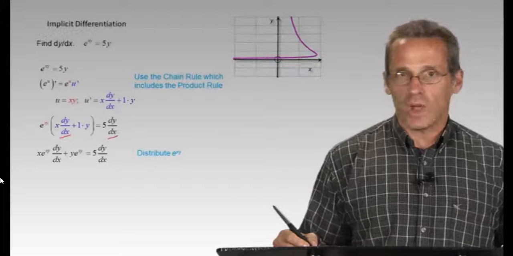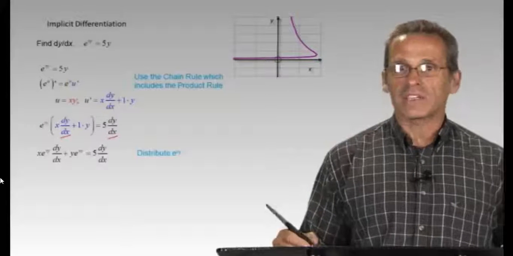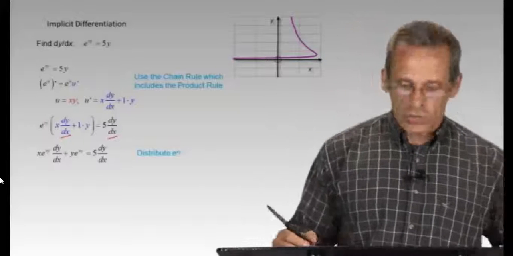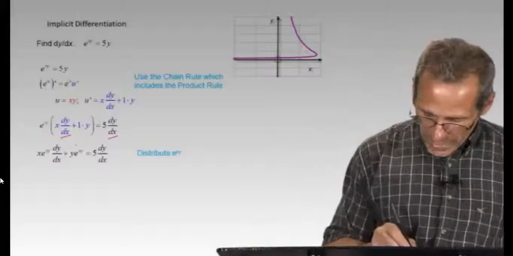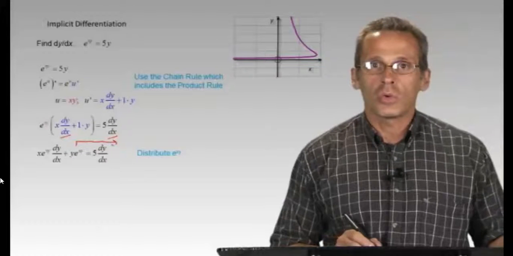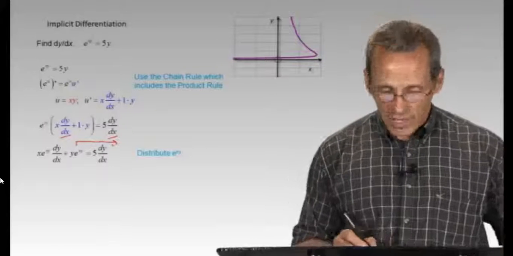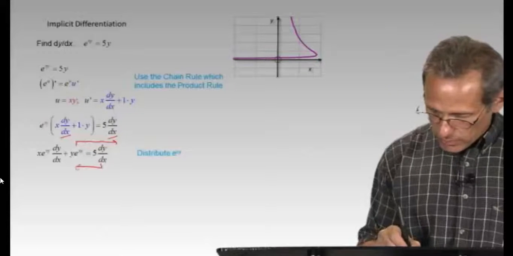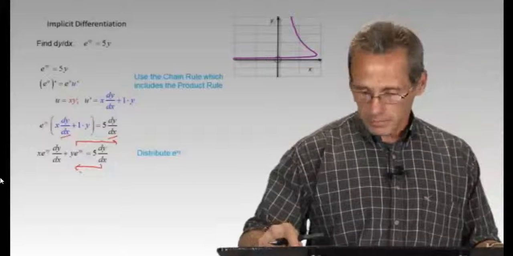On the right side of the equation, we still have 5 dy/dx. Again, we want to isolate dy/dx. So again, we're thinking any term without dy/dx will move to, in this case, the right side, and any term with dy/dx will move to, in this case, the left side.